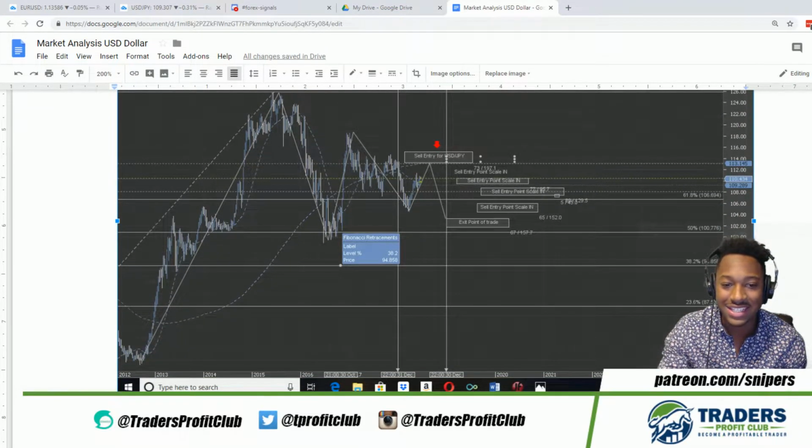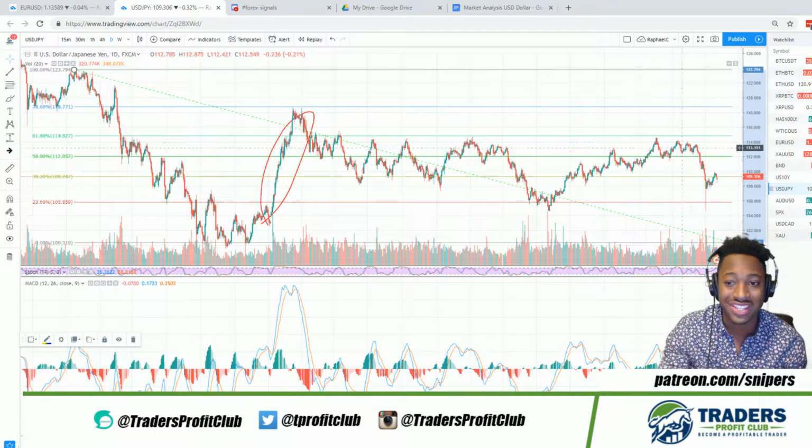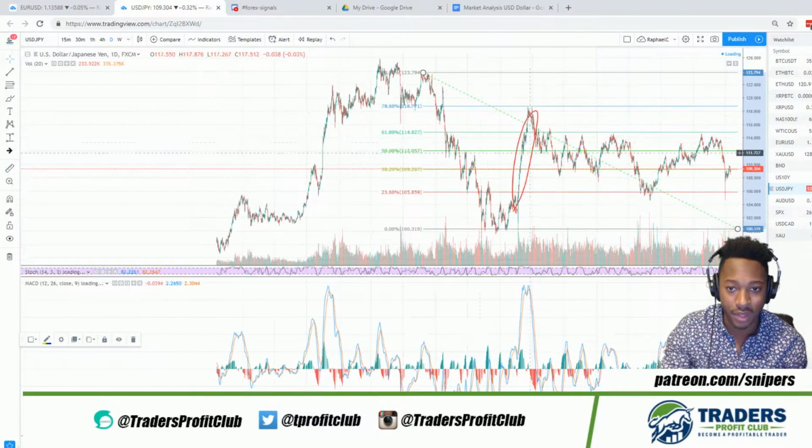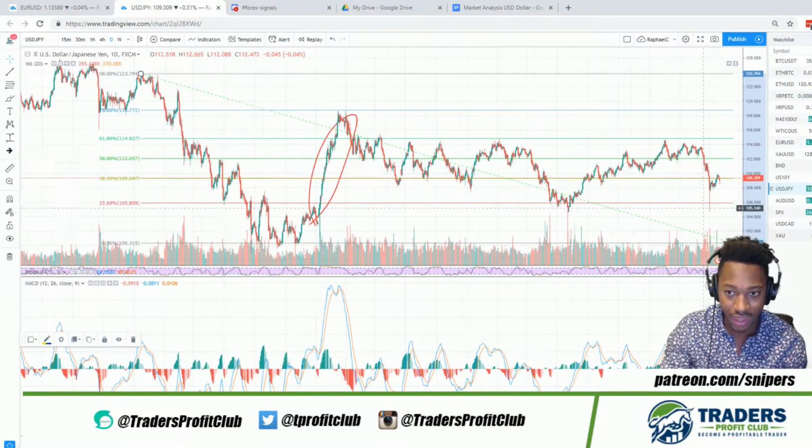In 6/17, I did this Fibonacci retracement on the hypothesis of the US dollar to the Japanese yen. If you look at the price, this is 6/17, a formulation of price as of that time. As you can see, market price was a little higher previously.